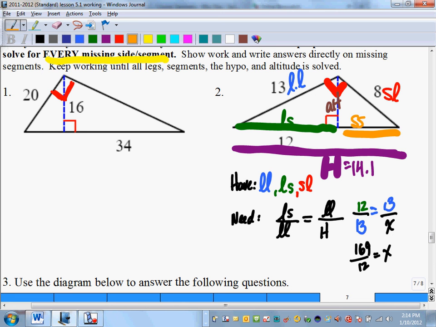How could you find that? How'd you get 14.1? 169 divided by 12. Cross multiply. Bingo. Now you have both segments. Now that you have both segments, you can go for the altitude and you're done. Okay. Well, look here. What goes with altitude?